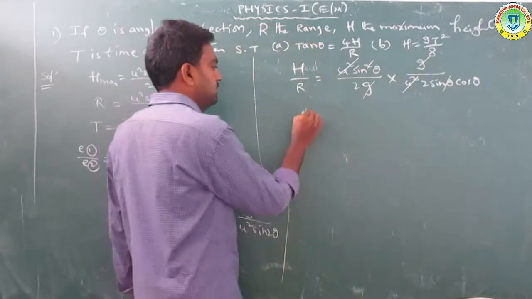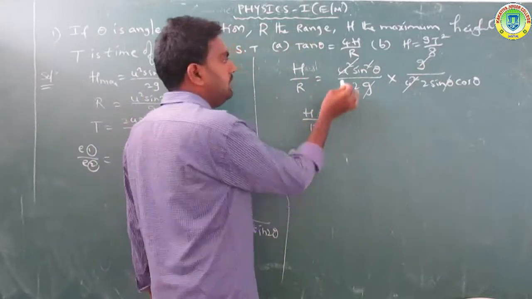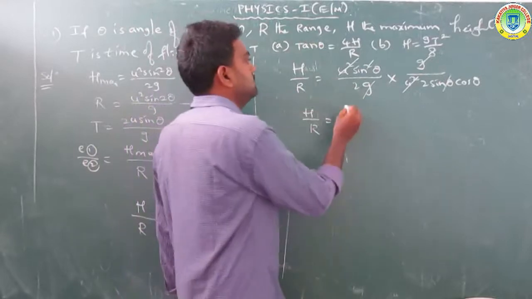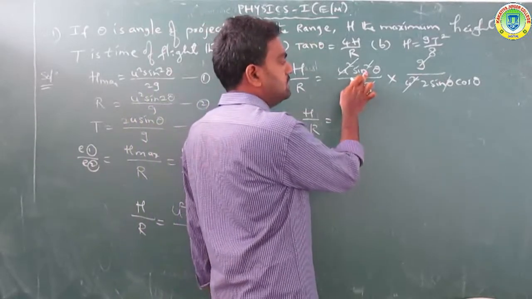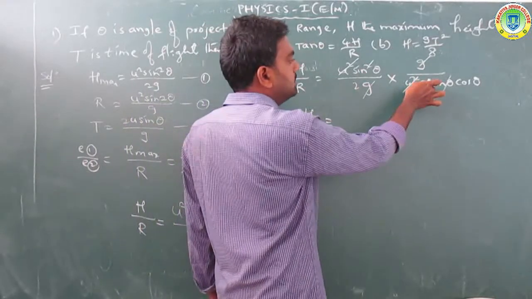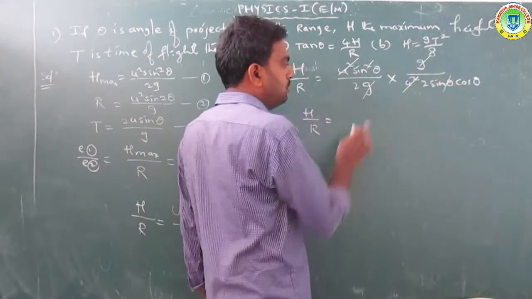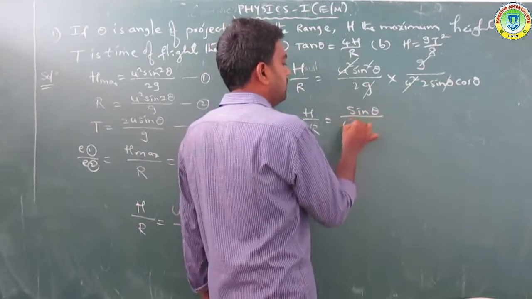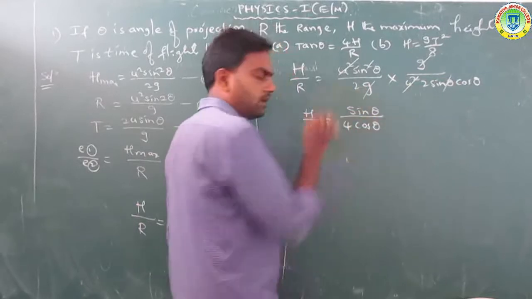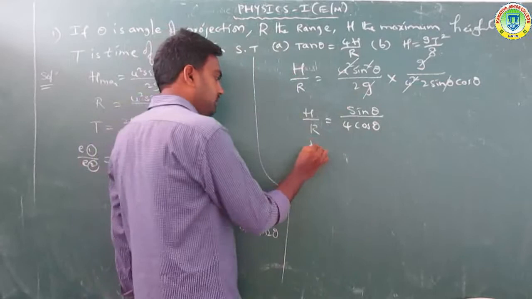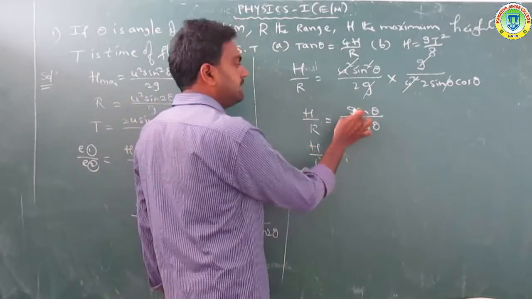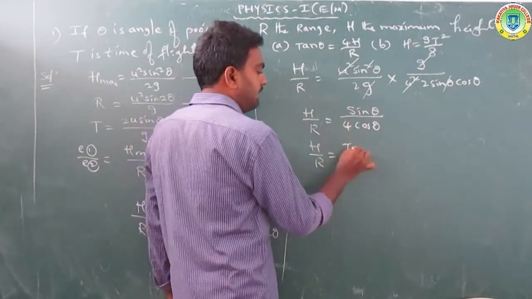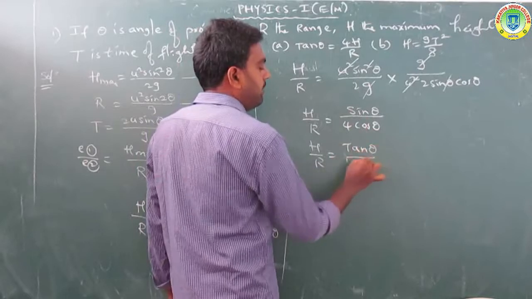So h by r, the remaining equation: one sin theta is remaining, and the denominator is only cos theta, 2 into 2, that is sin theta by 4 cos theta. Okay, clear that. And h by r is equal to sin theta by cos theta, which we write as tan theta by 4.